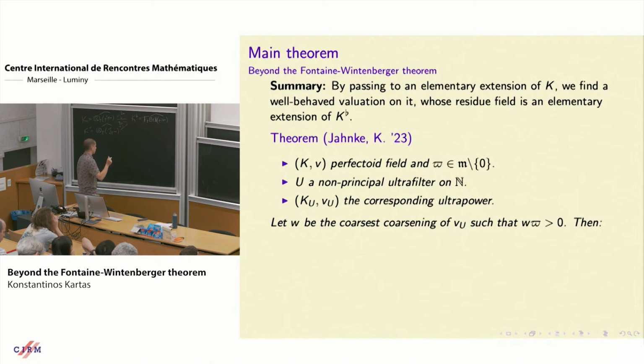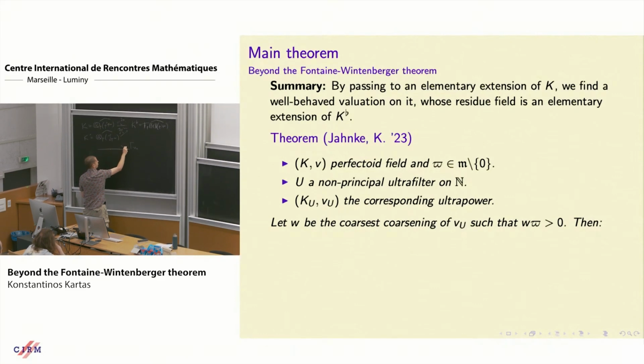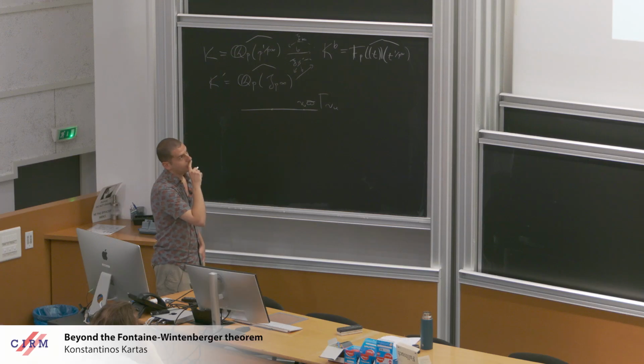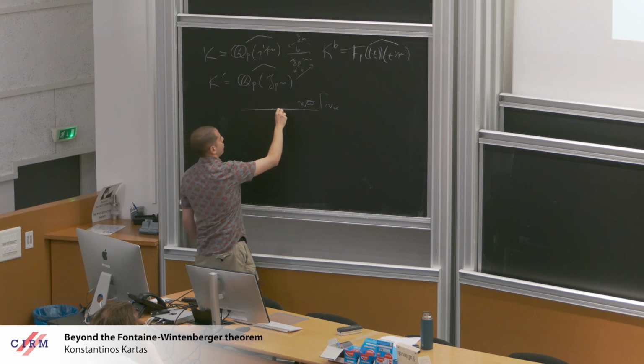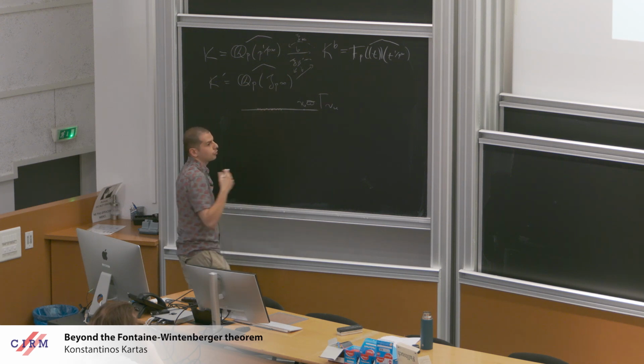If you just want to look at the picture, here's your value group in the ultrapower. This is the value of varpi. And now you have some infinitesimal elements that you've created.